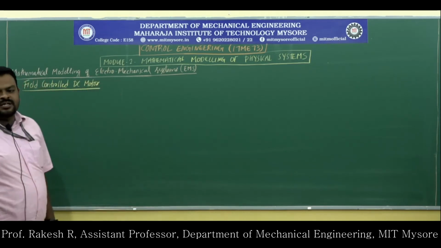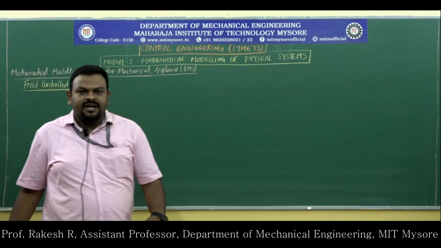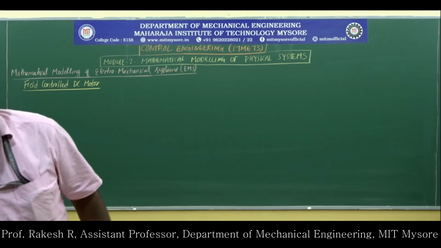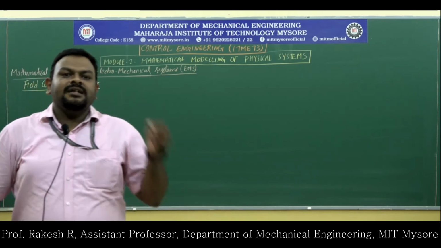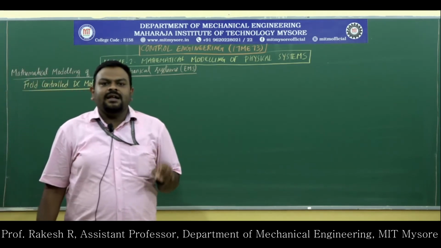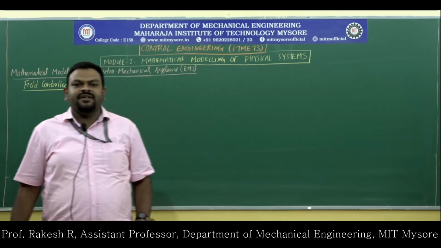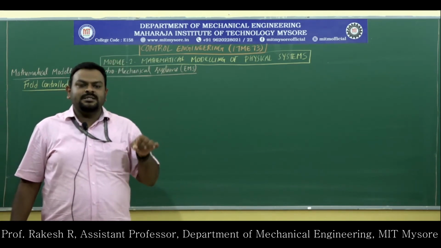A field controlled DC motor is one in which the speed of DC motor is controlled by using field supply voltage while armature supply voltage remains constant. This is the definition of field controlled DC motor.